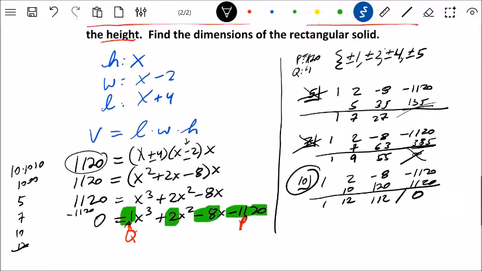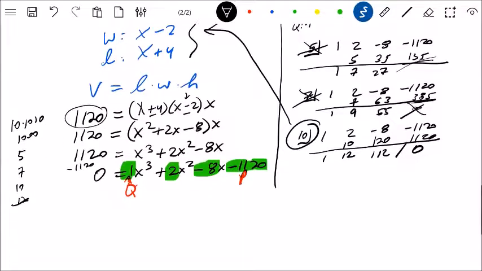So if that's 10, let's immediately plug it back into these and see whether or not it works. That means I would have a height of 10 and a width of 8 and a length of 14. So 10 times 8 times 14, if I multiply those, that does indeed equal 1120.